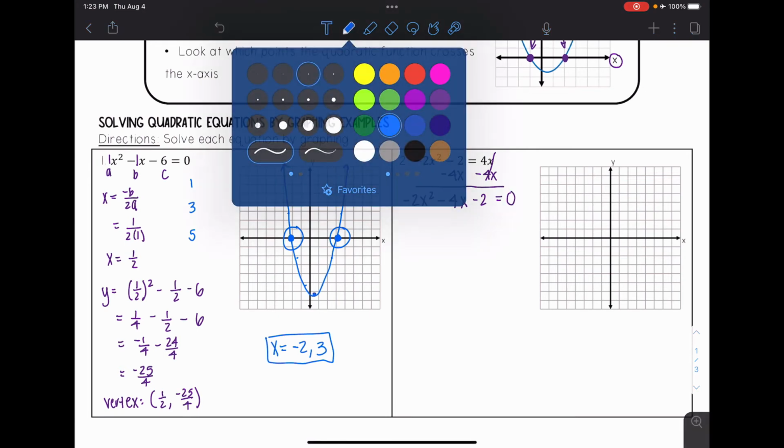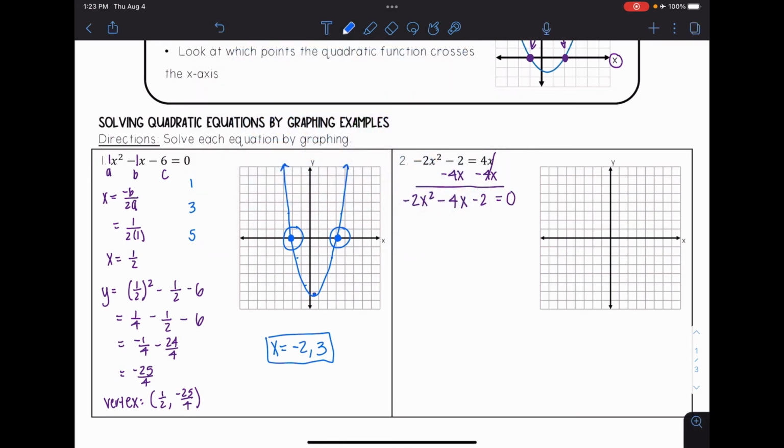And now from here I can go ahead and find the vertex. Well, I know the vertex is x equals opposite of b over 2a. And b here is negative 4, so the opposite of negative 4 is positive 4, over 2 times a, which is negative 2. So 4 over negative 4, so I get x is equal to negative 1. And now I need to find my y term. So I'm going to plug negative 1 into my function.